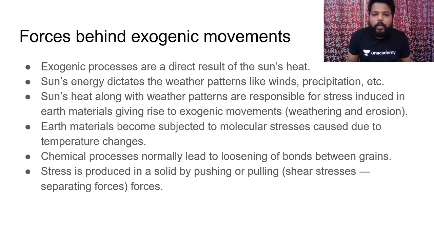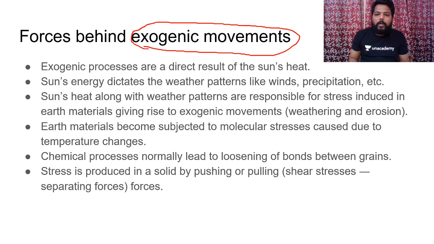That was about endogenic movements, and now these are exogenic movements. Exogenic movements are those movements which act on the earth's surface from the top. The processes included are direct results of sun heat. Sun energy dictates weather patterns like wind systems and precipitation, because of which we may have running water.